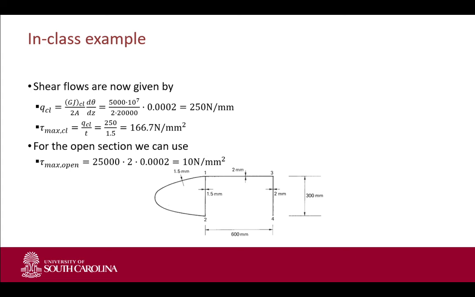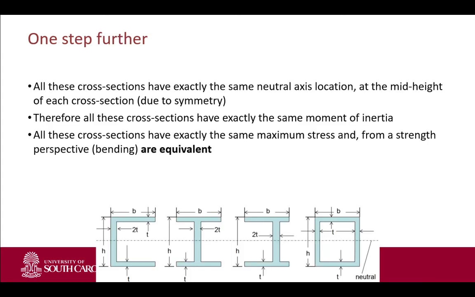So we can now take this same method one step further. We just compared torsion for open and closed sections, and now we can see how that applies to the bending case.